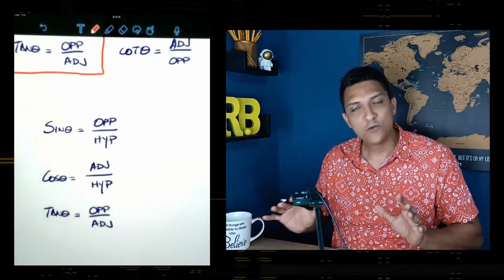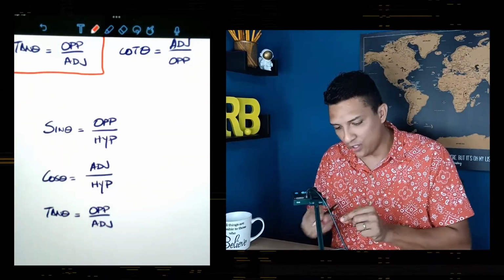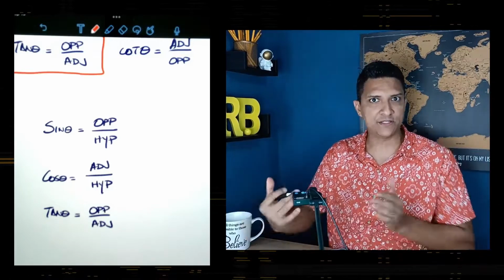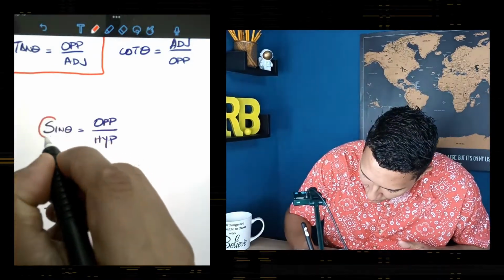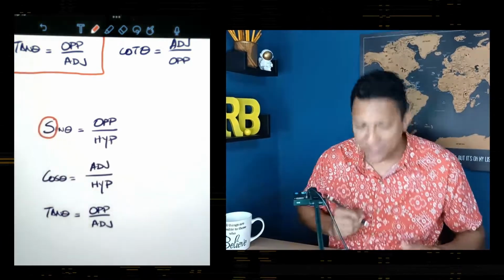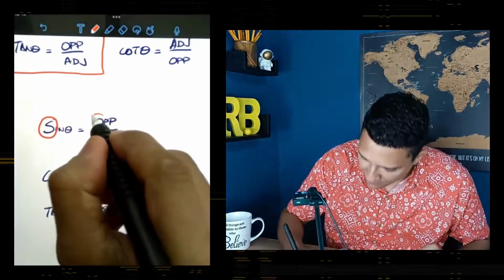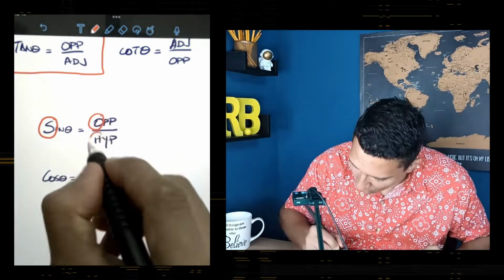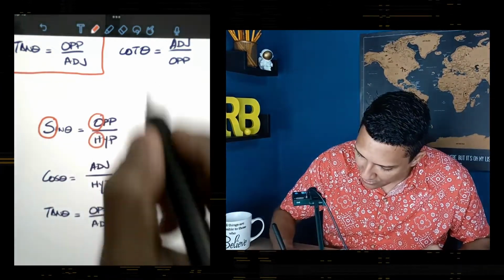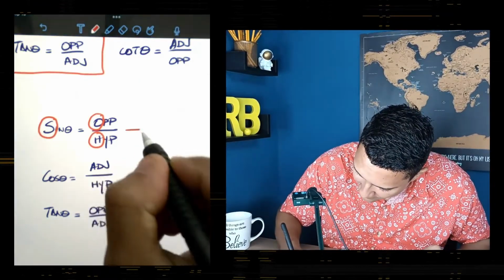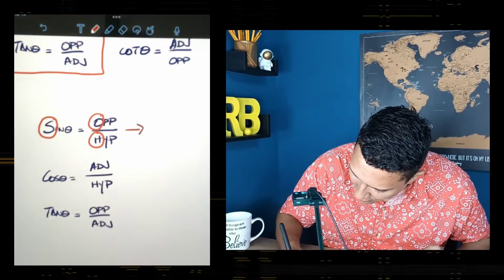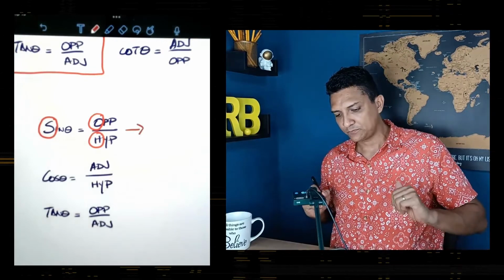It works with the first letter of each of the components of the trigonometric ratio. So for example, for the first one, we are going to circle the S, the O and the H. Let me change the color, I like this red more, the wine red.